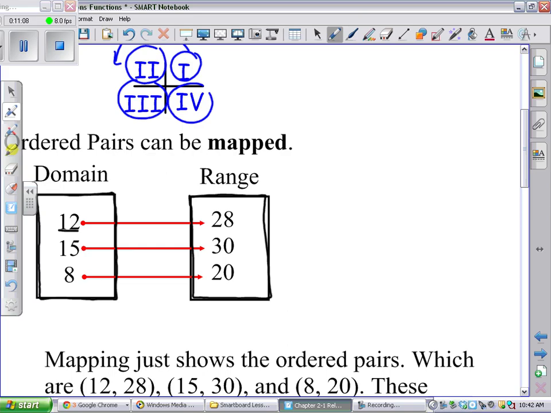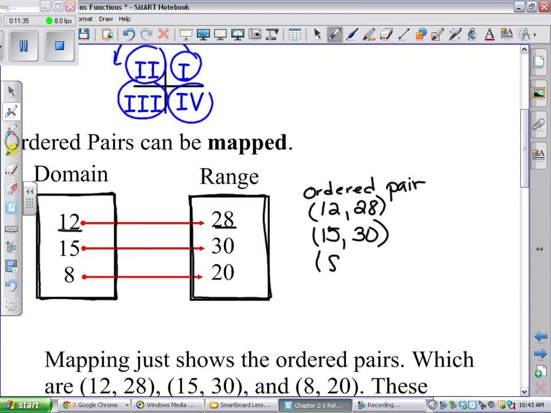So 12 is mapped to 28. So if I were to write the ordered pair, it would be 12, comma, 28. Same thing applies for the next one. So 15 maps to 30, and 8 maps to 20.